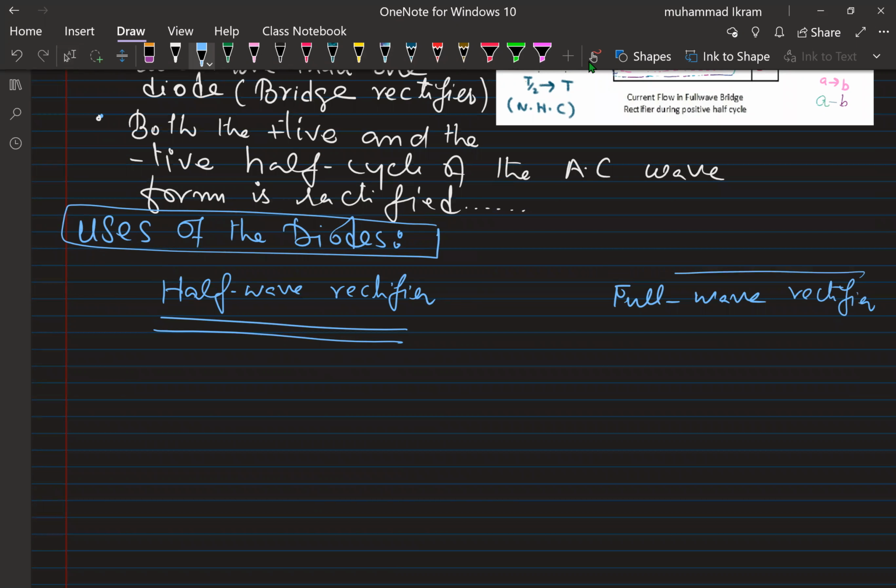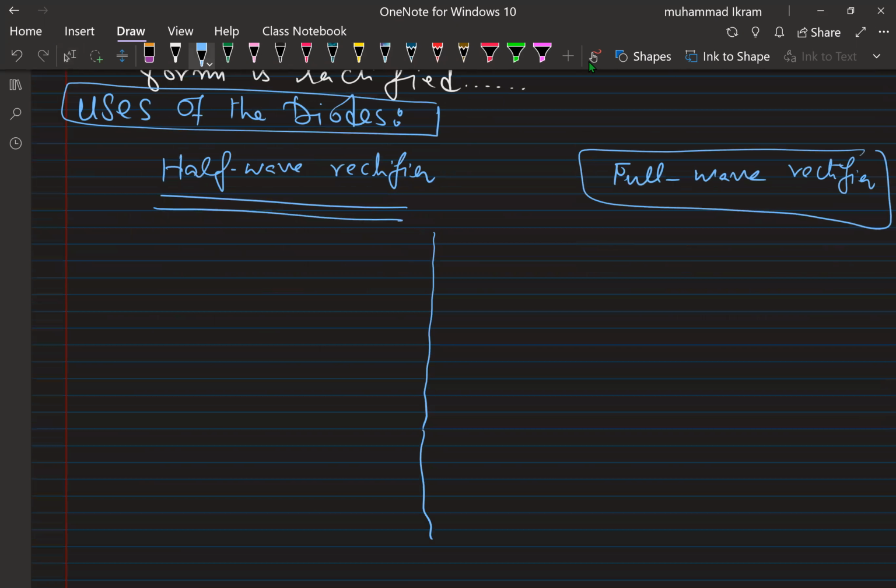I would like to tell you a few uses of both of these. The half wave rectifier is used in the charging circuit, usually the low power charging circuit.